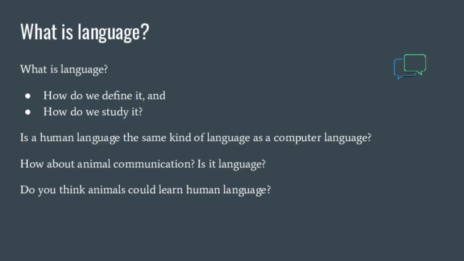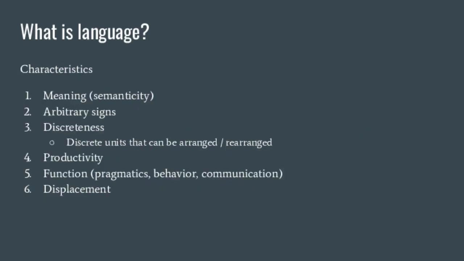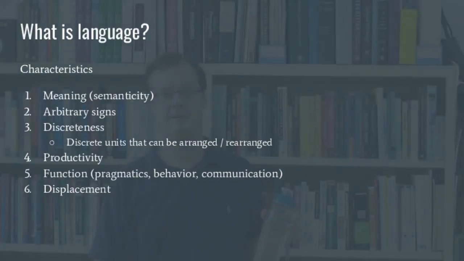Characteristics of human language. Human language has meaning or semanticity. So if I say, for example, bottle, it communicates something. Most of us probably have a shared idea of what a bottle is.